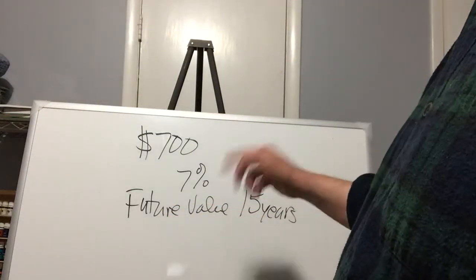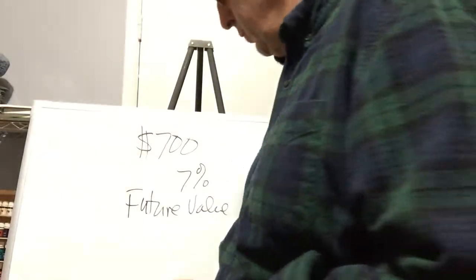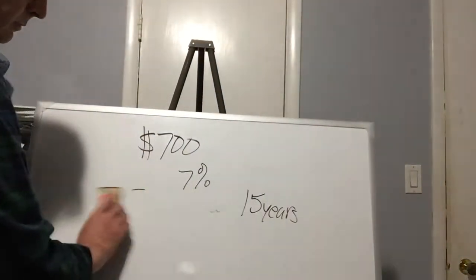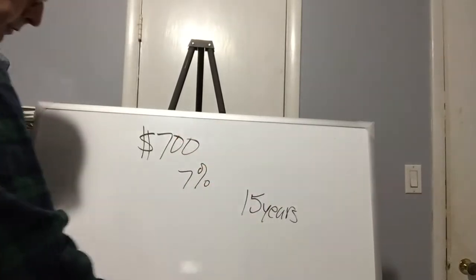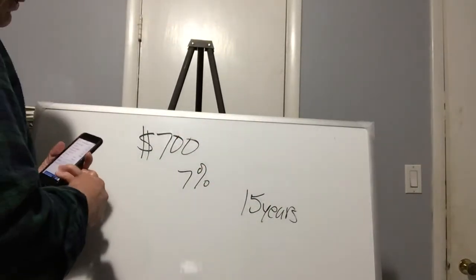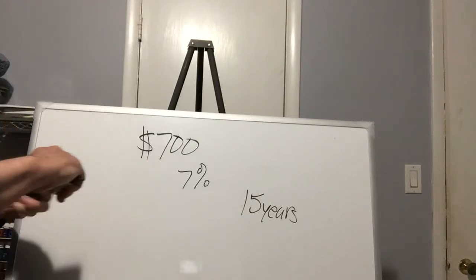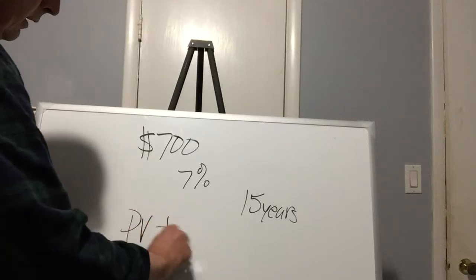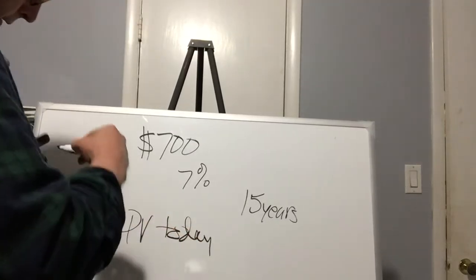Now, to get the present value of a future amount, let's suppose we change this. Let's suppose the $700 is the future value, and it's 15 years out, and you want to know the present value of that today with an interest rate of 7%.